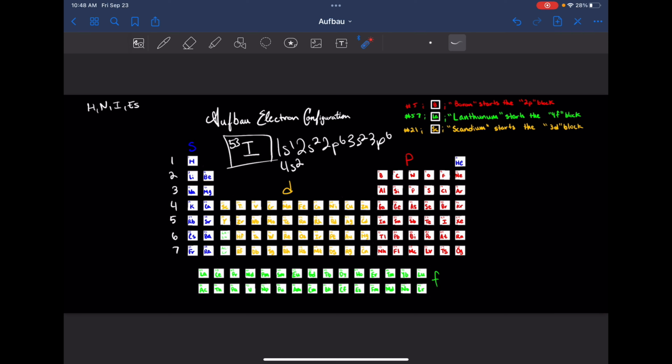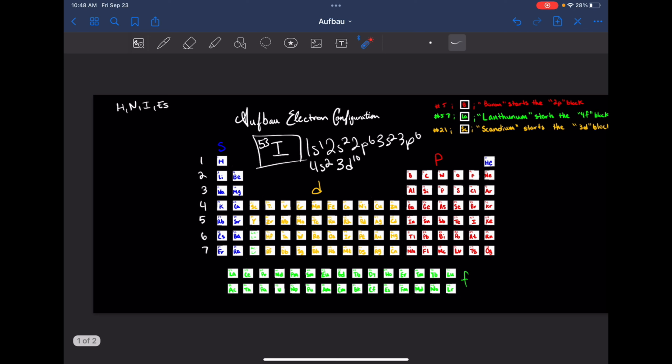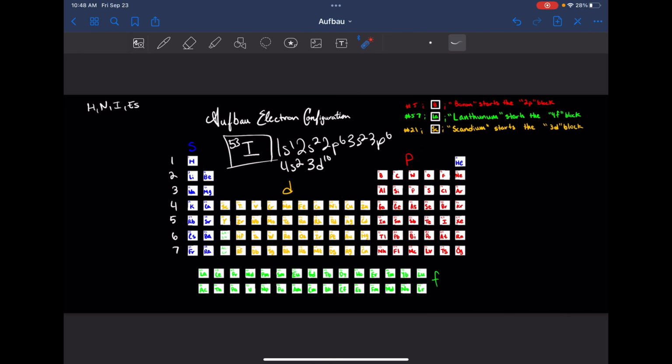So we have 3d, 1, 2, 3, 4, 5, 6, 7, 8, 9, 10, 3d10. Now don't let that confuse you and have you retract to going through the third period again. You still go through the fourth period. It's just that the D block, if we delve into quantum numbers, which I am planning on doing in the future, I will explain why that is. But for now, we don't need to worry about that.